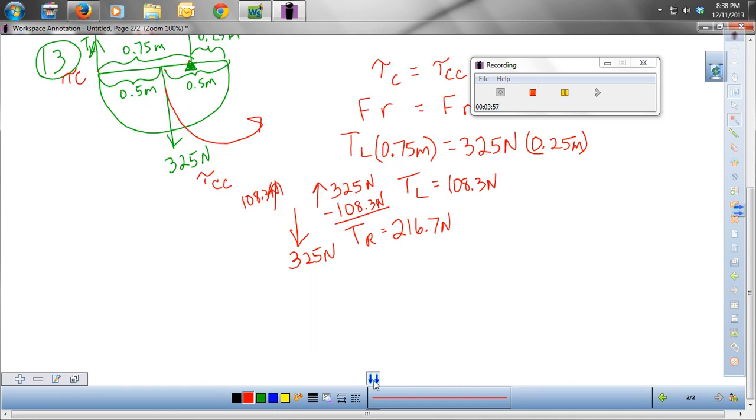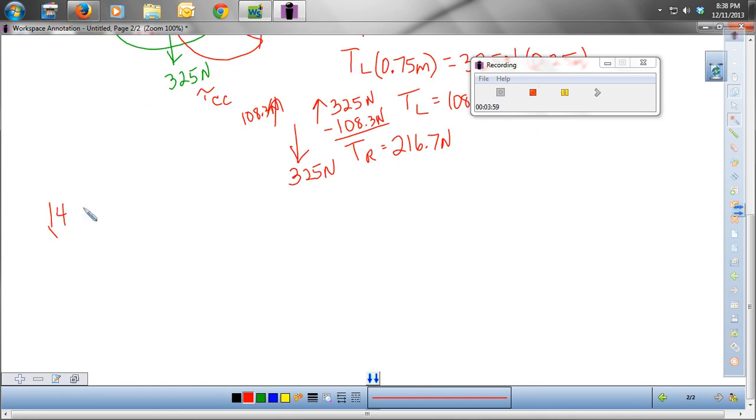Okay, we have 14 and 15 and we'll be done. So 14 says that we have a 0.00650 kilogram coin, so that's the mass. It rests on a turntable that rotates at a constant rate. It is 12.5 centimeters from the center of the turntable, so there's my radius. Find the linear speed of the coin if the time for one revolution is 1.25 seconds.